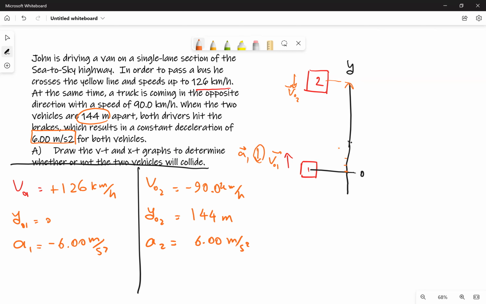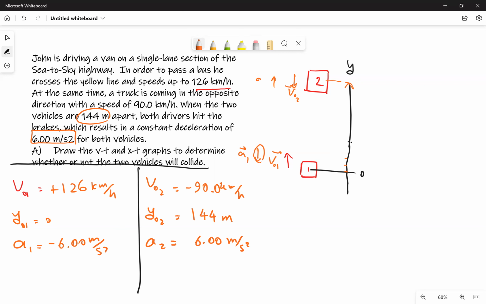And A2, V02 is going in this direction. So that's the initial velocity. Okay, and the driver puts their foot on the brake, and that results in deceleration. Deceleration happens when velocity and acceleration have opposite direction.